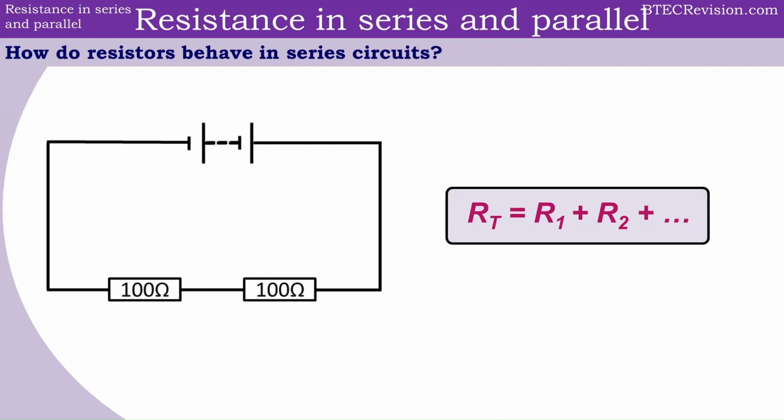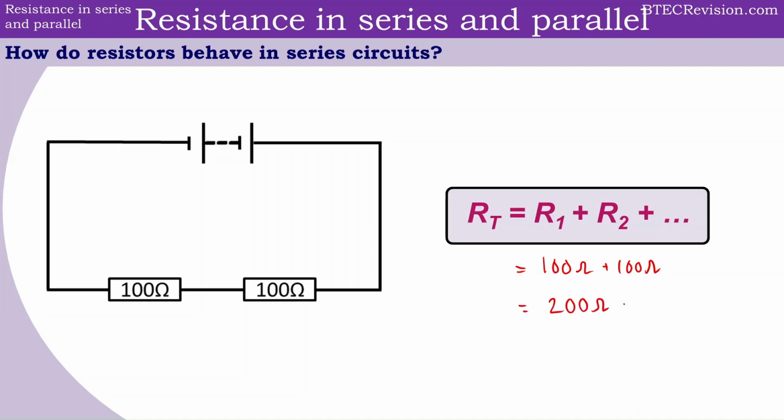RT, which stands for the total resistance in the circuit, is equal to R1 plus R2 plus so on, depending on how many resistors there are in the circuit. So in this case, we have a total resistance in the circuit equal to 100 ohms plus 100 ohms, which gives us a value of 200 ohms.